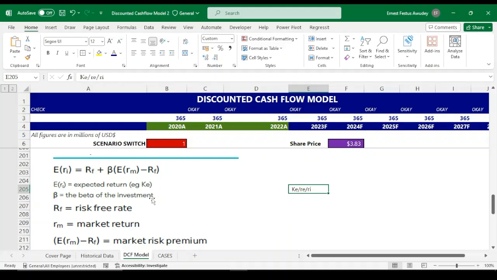So the CAPM formula is saying that the return on equity, which is KE, is equal to the risk-free rate of return.